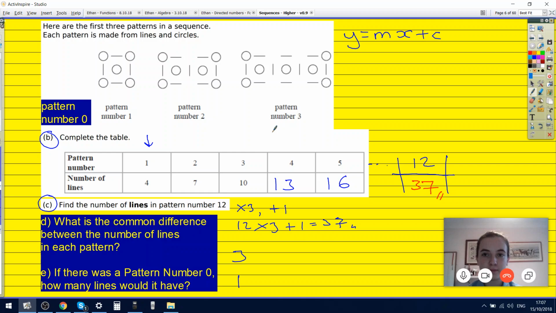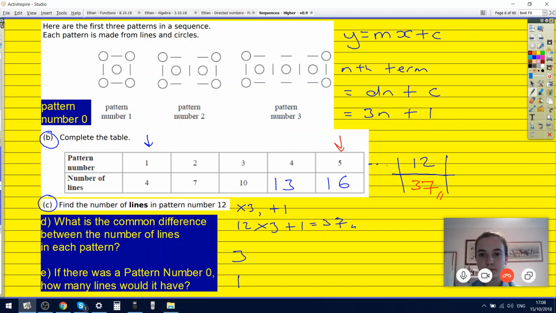For a sequence, they're going to ask you for the nth term, and the nth term is always the common difference plus term 0. In this case, the common difference was 3, so it's 3n, and pattern 0 would be 1, and so 3n plus 1. And so if you did 3 times 12 plus 1, you get 37, and you can check your answer.